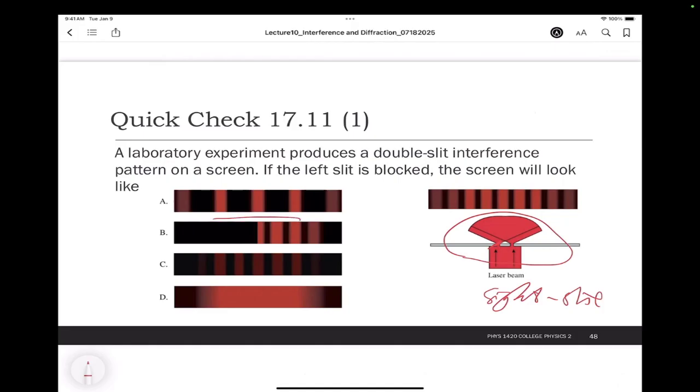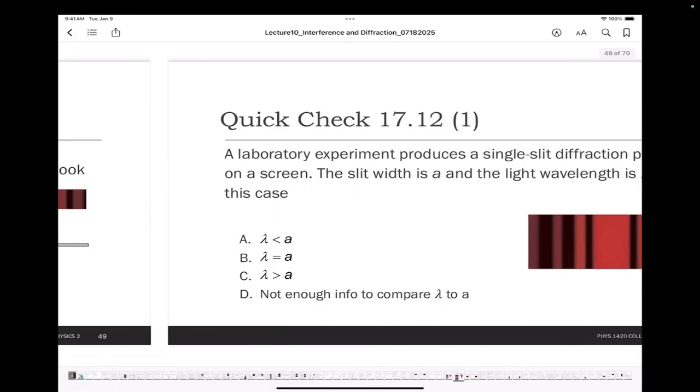The single slit means the central maximum will be broad and the others decrease. So this one is the right thing. Does it make sense to you? Okay, D is the right answer.